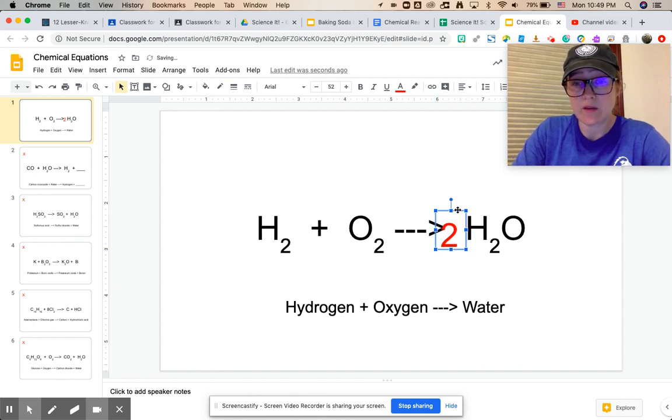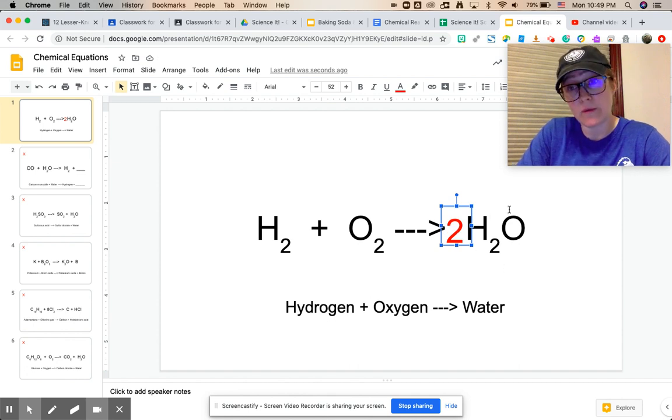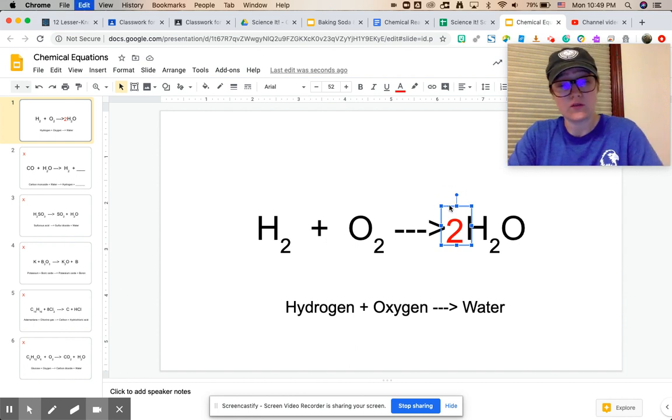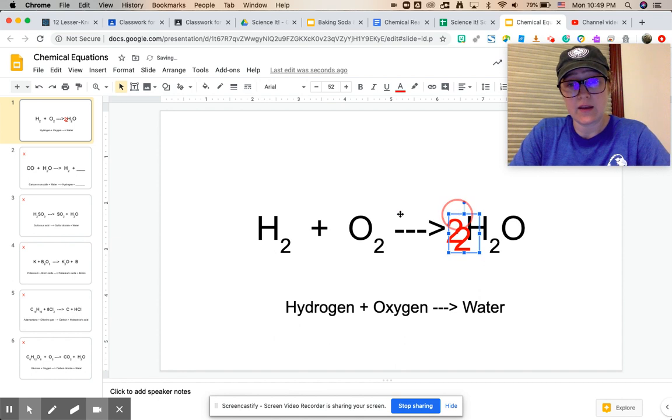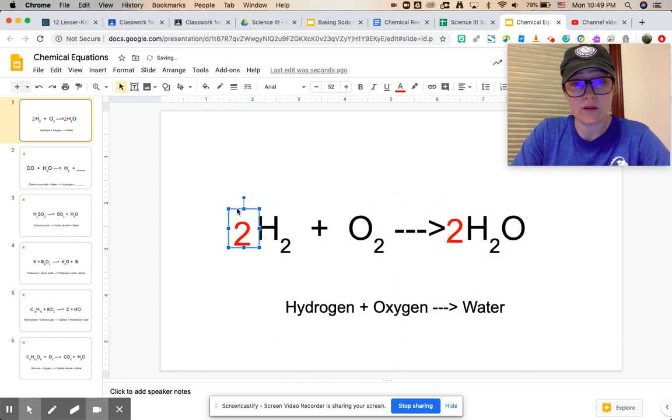Now this says I have two oxygens, but this 2 applies to the whole molecule. So now I have 2 times 2, I have 4 hydrogens, but here I only have 2 hydrogens. So what I can do is put another 2 in front of here.